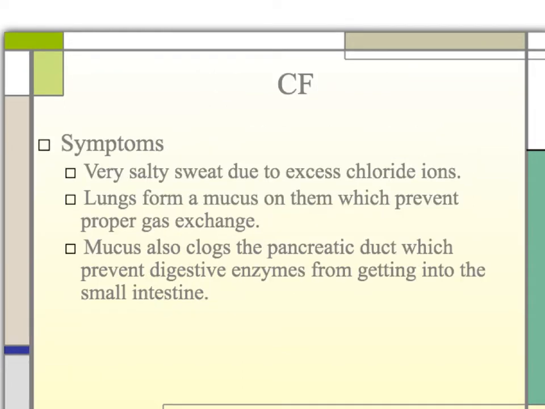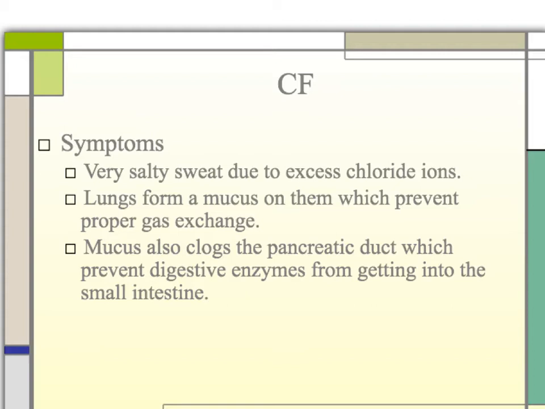So CF symptoms include very salty sweat due to this excess chloride ion, since the protein that's carrying or moving that particular ion across the cell membrane is not functioning properly. It also causes problems with mucus formation.